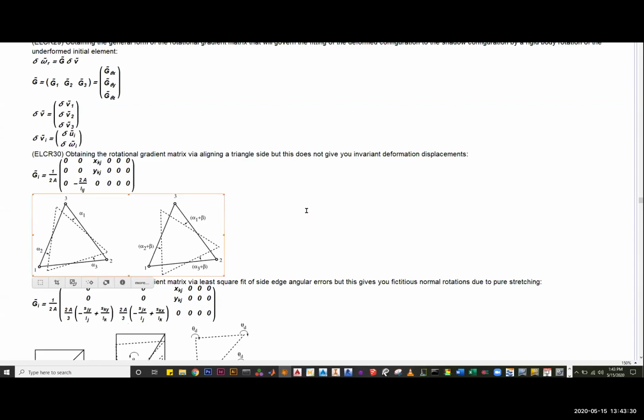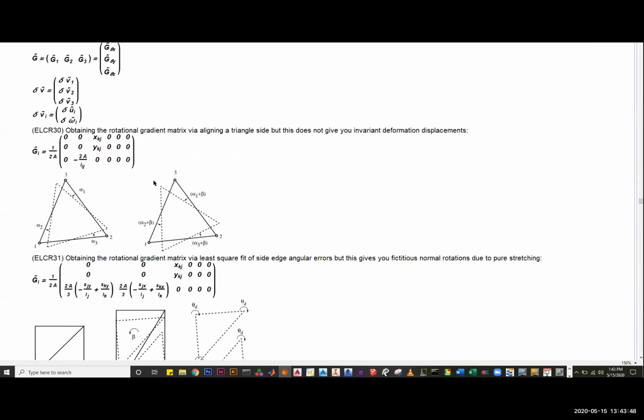The one thing about this is it doesn't give you an invariant deformation. So it changes depending on where you start, or on the geometry, as you see here. So we don't really want this.